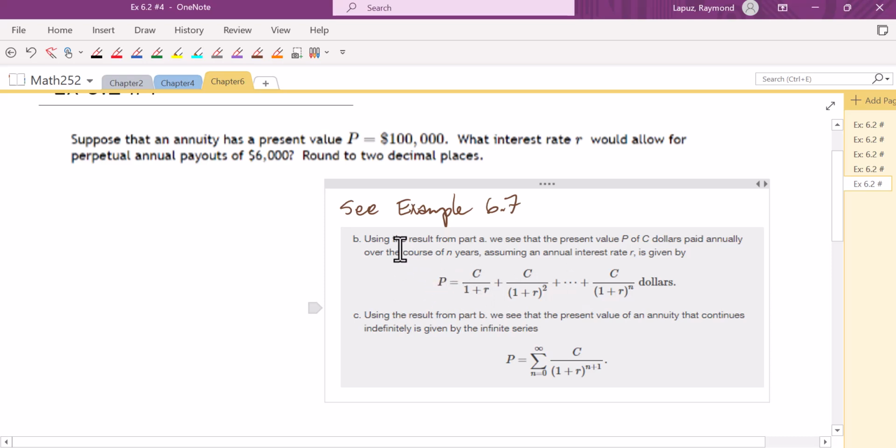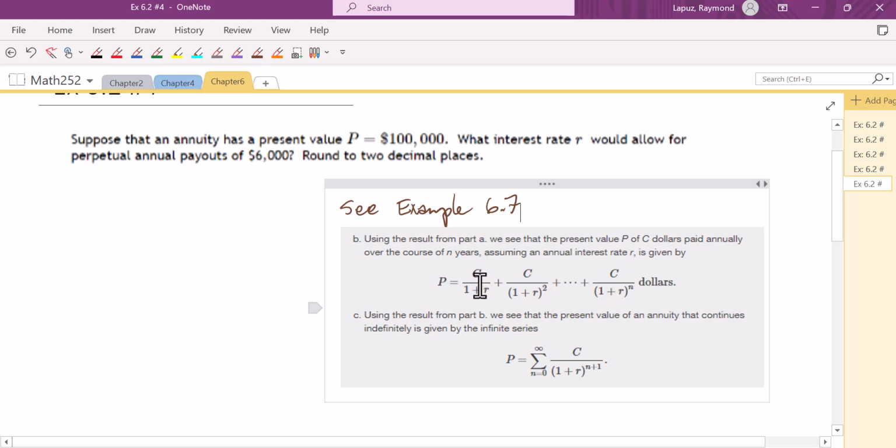It says, using the result from part A, which again, I would ask you to look at example 6.6 or 6.7, I see that the present value P of C dollars paid annually, so C dollars is the annual payment, and your present value is the total amount that you're looking at, over the course of n years, assuming the annual interest rate is R, is given by this formula.